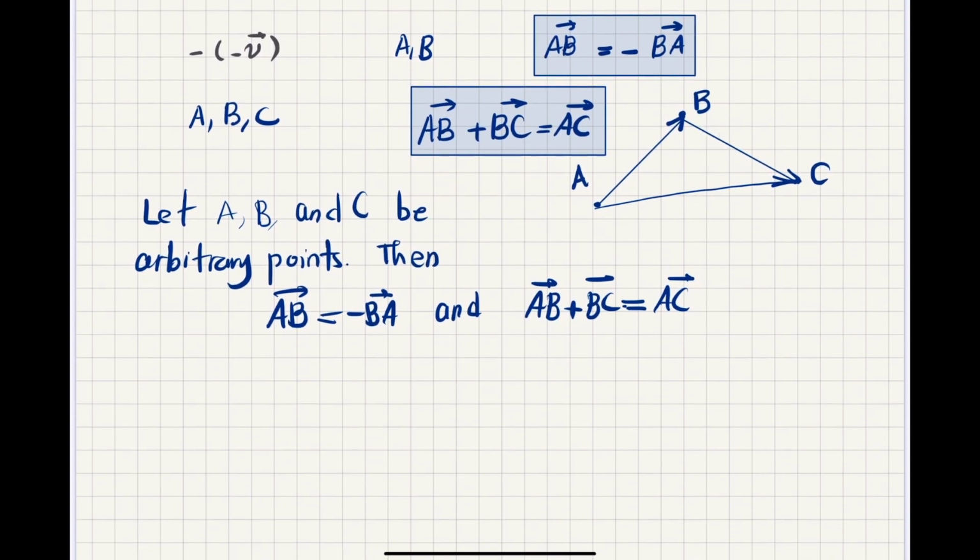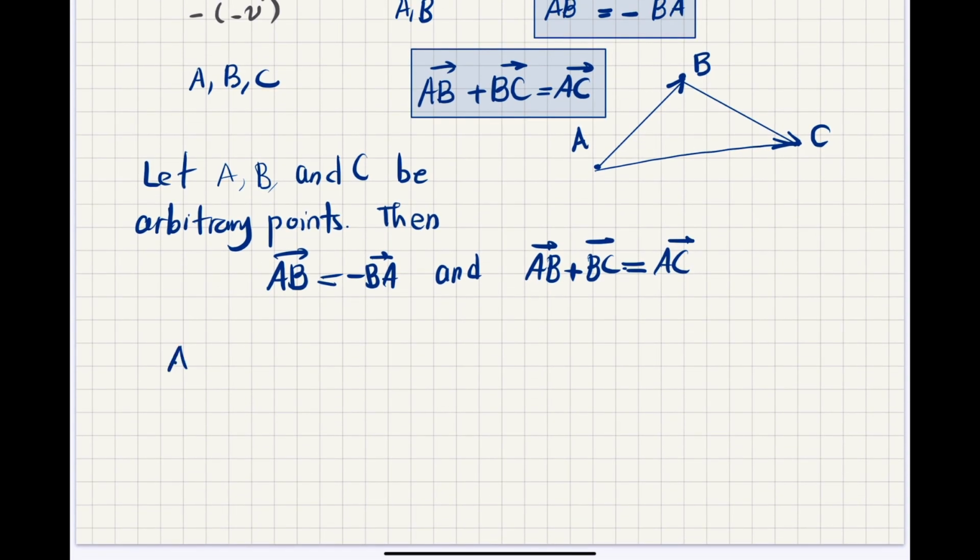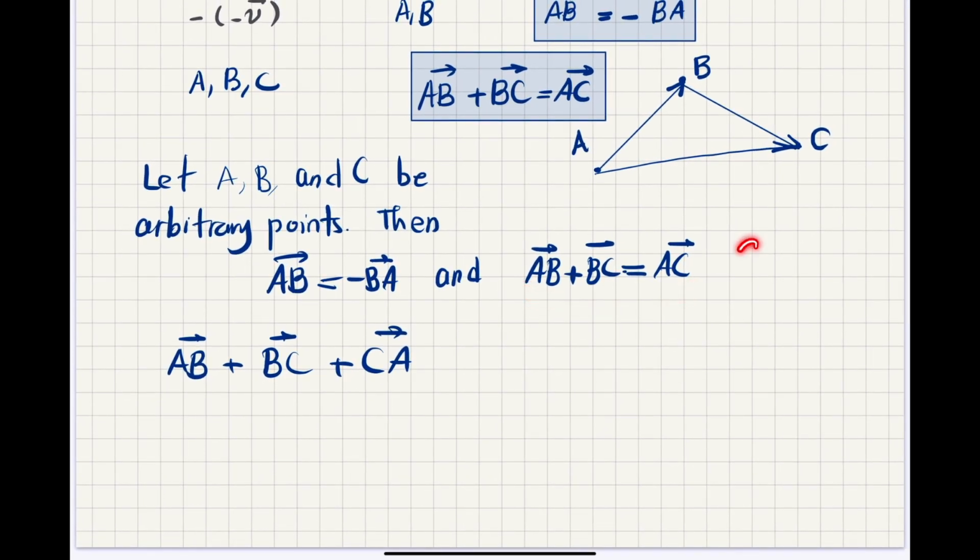For example, can you simplify AB plus BC plus CA without referring to any picture? How do you interpret this rule? By the way, this is called Chasles's rule.